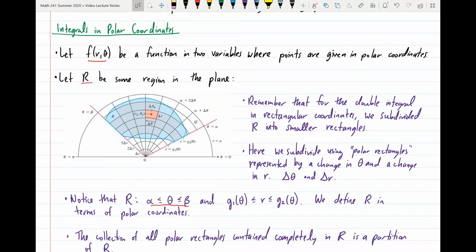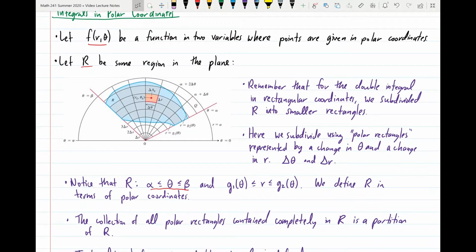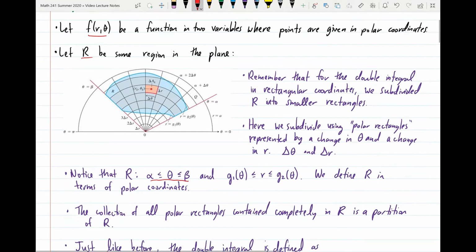And remember that for the double integral in rectangular coordinates, we subdivided the region R into a bunch of smaller rectangles, which we ended up calling a partition of R. Well, here we're going to subdivide using what we call polar rectangles, which is kind of like the polar analog of Cartesian rectangles.